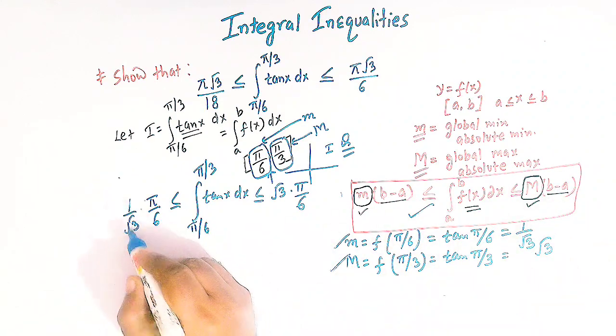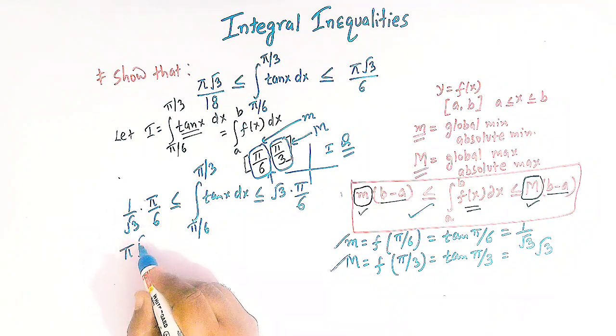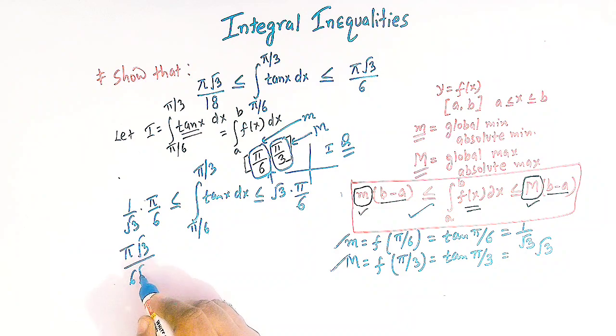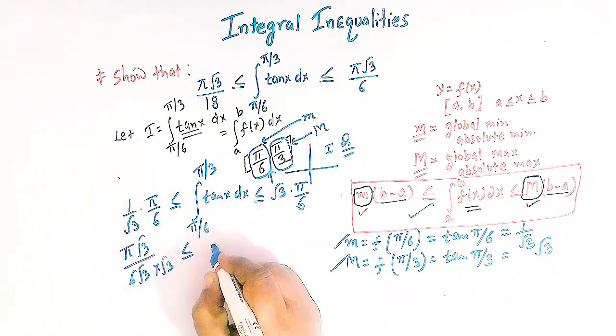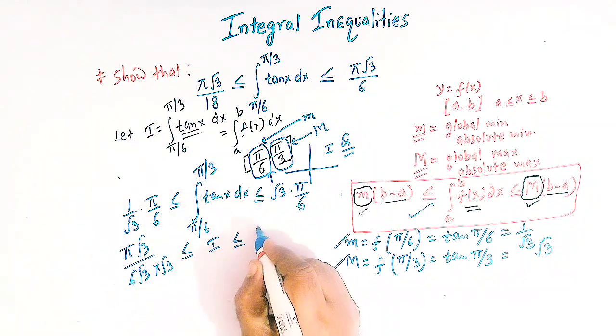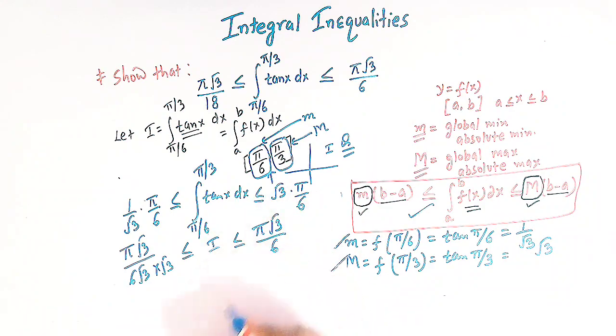Now let us rationalize the numerator and denominator here. So we have pi root 3 over 6 root 3 times root 3, and here we have this integral as I. So we have pi times square root of 3 over 6 root 3 times root 3, and root 3 times root 3 is 3, so 6 threes are 18.